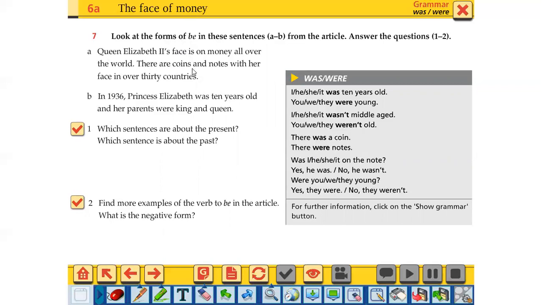There are coins and notes with her face in over 30 countries. ¿Qué dice? Hay monedas y billetes con su rostro en más de 30 países.